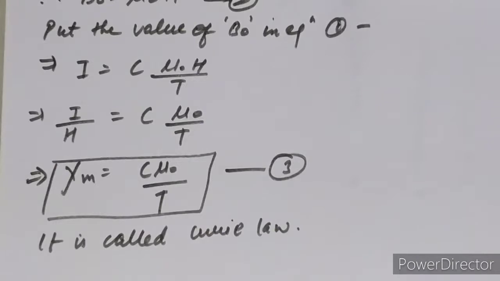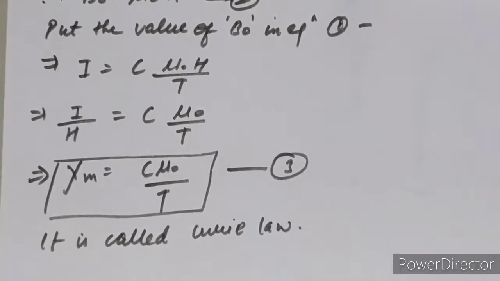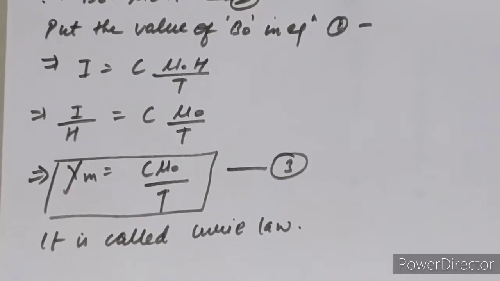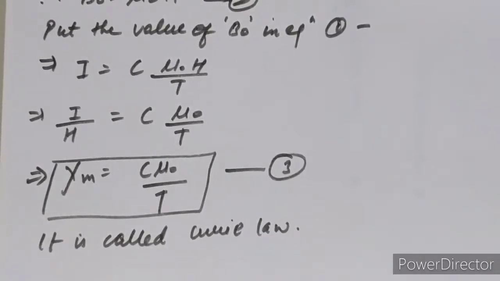Then the important topic, the magnetic hysteresis curve, that is your BH curve, and hysteresis laws is the last topic of this chapter. Hardly 3 to 4 topics are remaining.